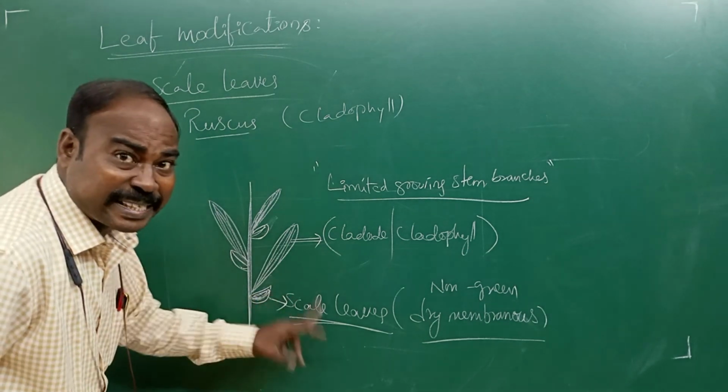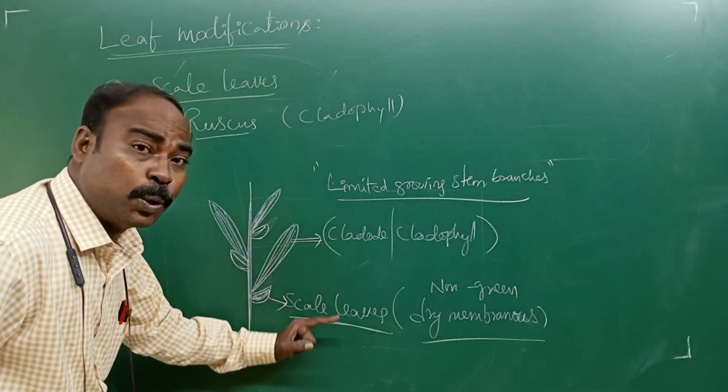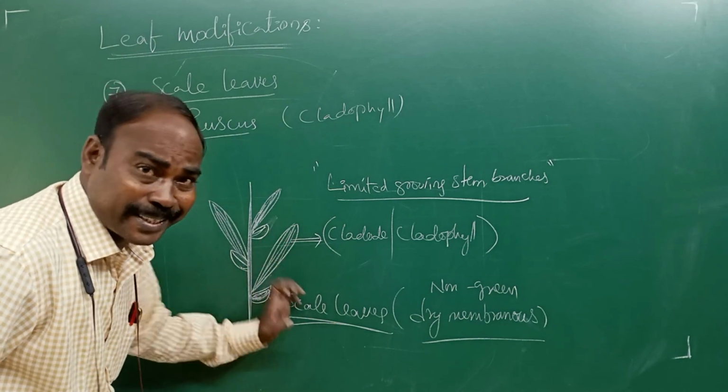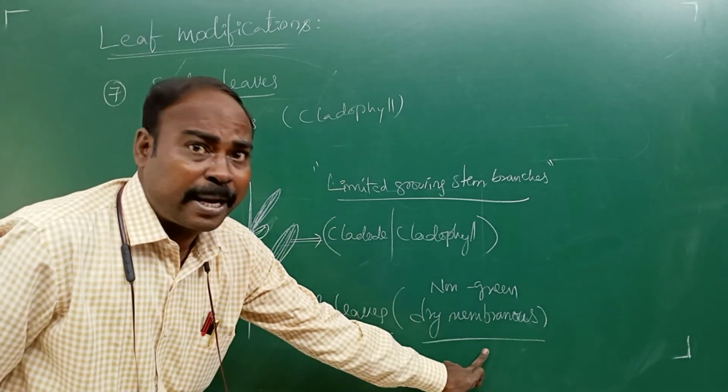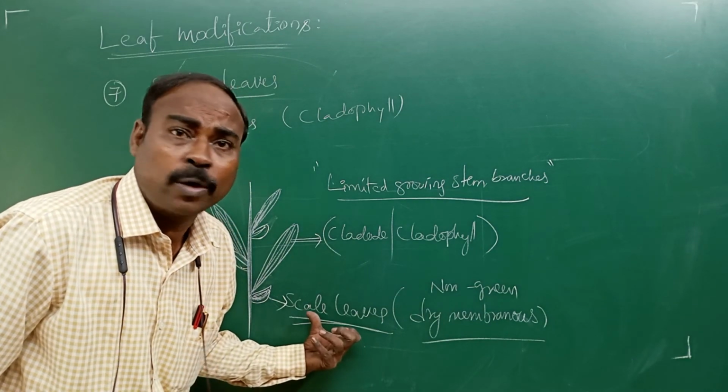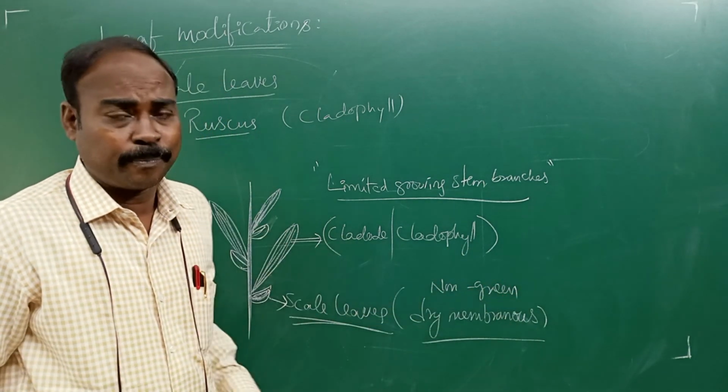In the axils of scale leaves, leaves are reduced into scales. What is a scale leaf? Dry, membranous, non-green leaves. Okay, to reduce the rate of transpiration.